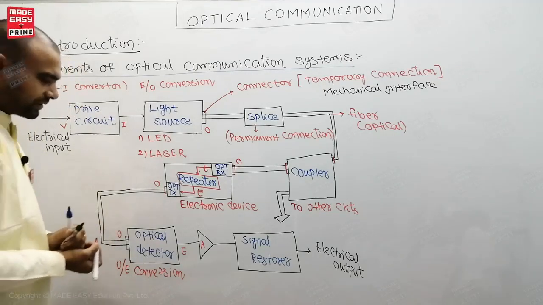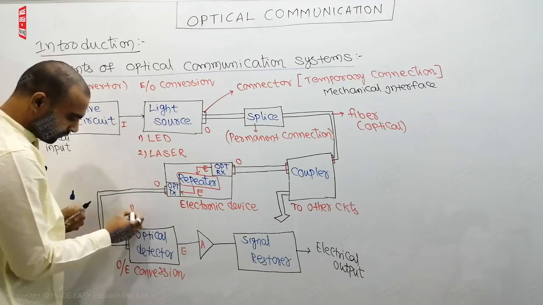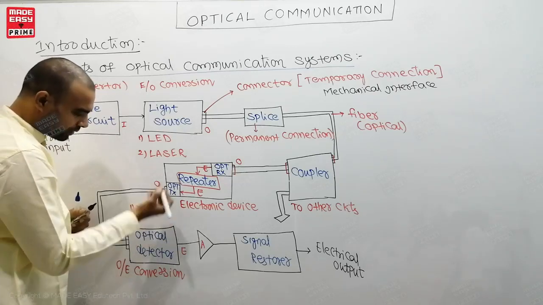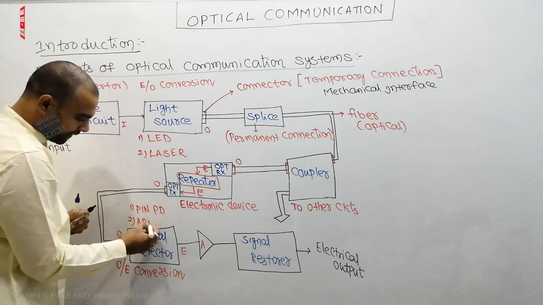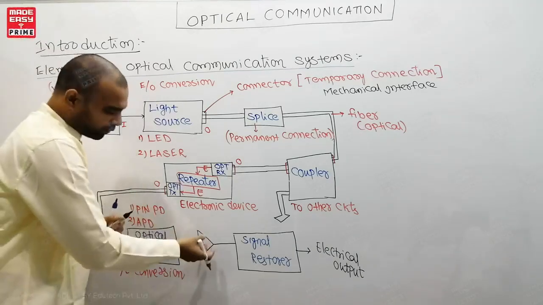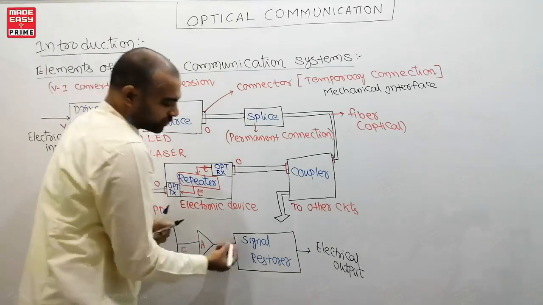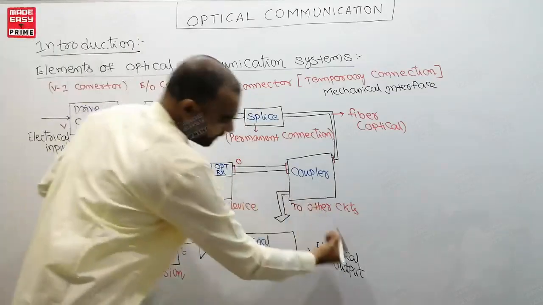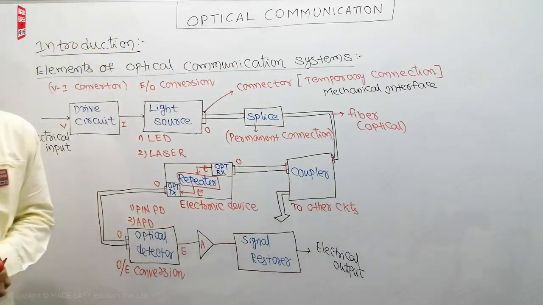The optical detectors that we have are of two types. One is called the PIN photodiode, and the second one is called the APD, avalanche photodiode. The amplifier is used to amplify the signal. The signal restorer will restore it back to its original form. Electrical input comes back as electrical output.